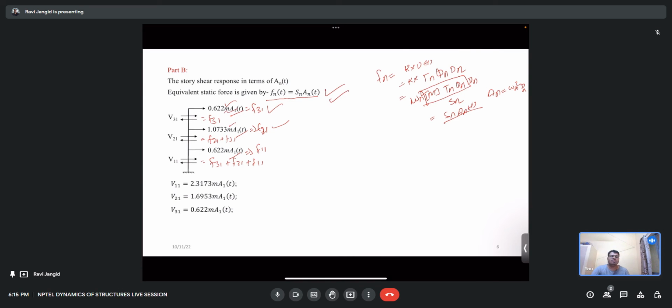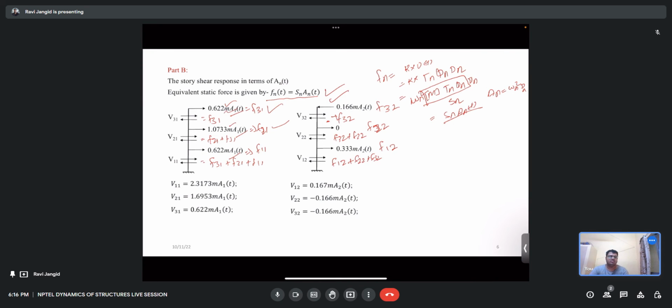Same for mode shape 2: F32, F22, F12. You can get V32 would be minus F32 because that is on the opposite side. V22 would be F32 plus F22, and V12 would be F12 plus F22 plus F32.